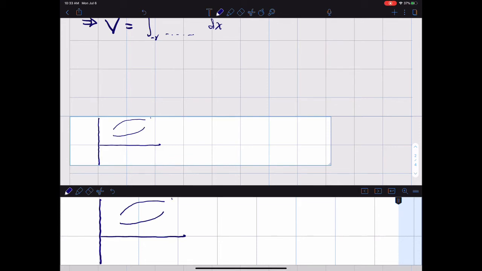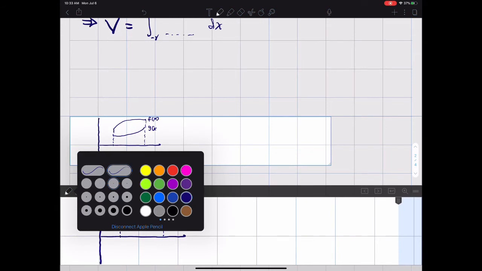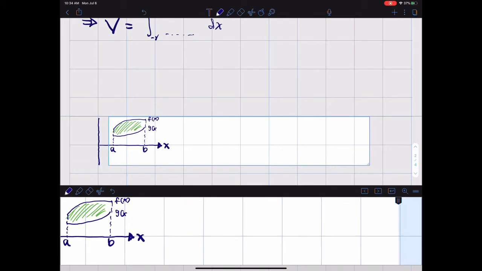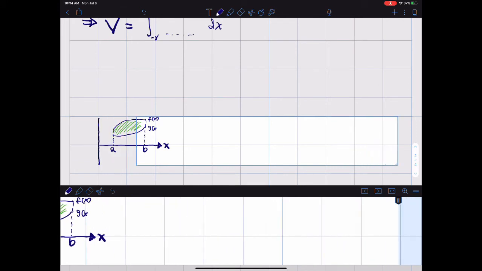So this is y equals f of x, and this is g of x. And we rotate this region from a to b across the x-axis. Now, what do we get?